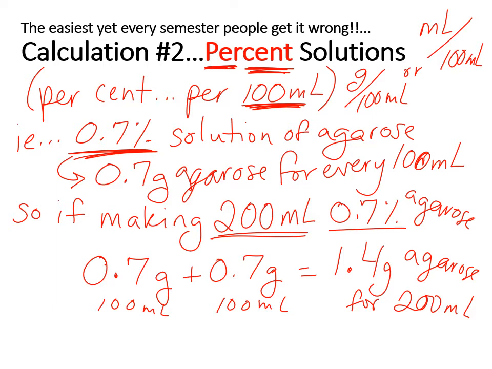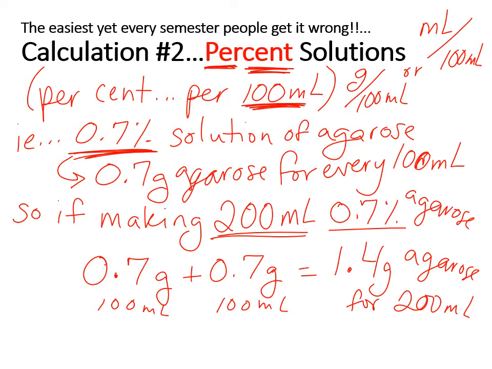Now, there's technically a formula we could use to solve these problems for percent, but I first wanted to show you that if you ever forget how to do it, just remind yourself percent and do it based on 100 ml increments. If instead you needed 50 ml, you would cut that amount in half. Instead of 0.7, because that's for 100 ml, you would only need 0.35 grams for 50 ml.